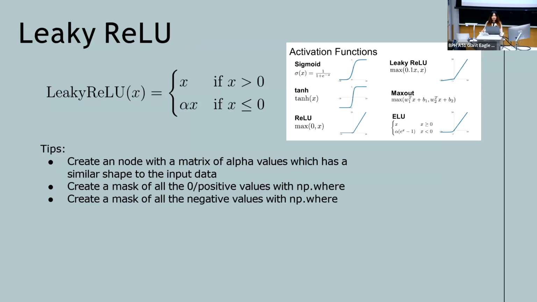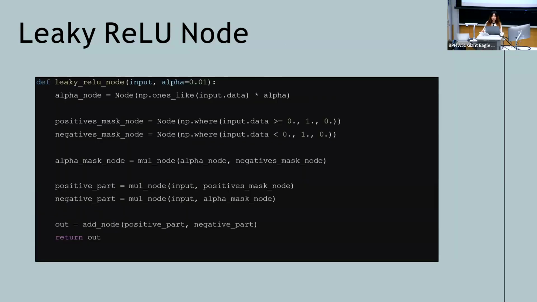And then finally we return the out node. For the leaky ReLU, the tricky thing here is that we have 2 different parts for the expressions. We have x larger than 0 or x smaller than 0, and they correspond to different expressions. Let's look at the code.